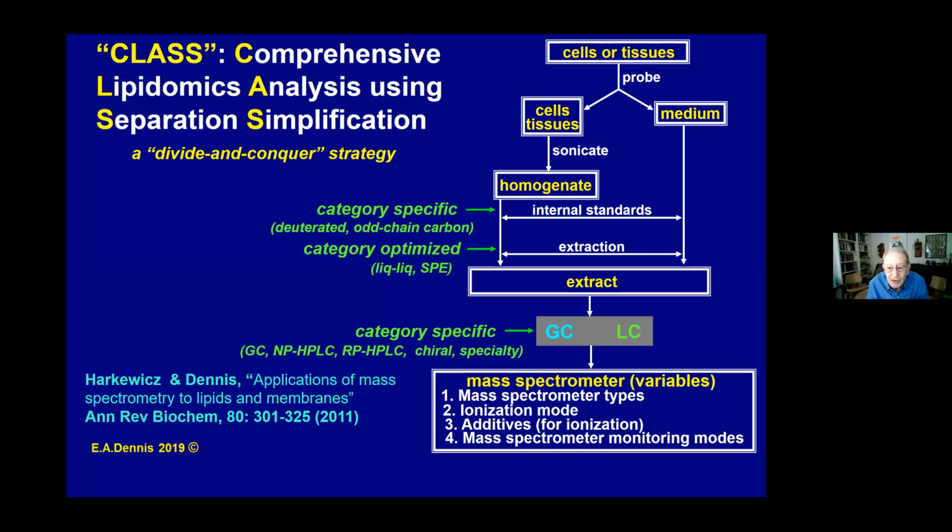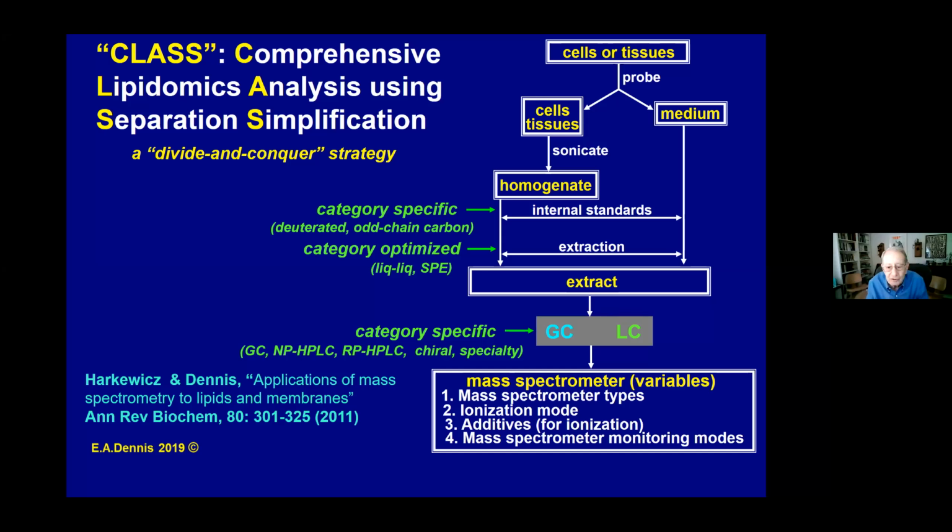And the extraction is critical because you want to extract all of the lipids of the category you are looking at. And there are liquid-liquid extractions, SPE, and others. And previous speakers this morning or this afternoon for some of you, or evening for those in Asia, have many of the details. Once you've extracted it, then you need to analyze it.